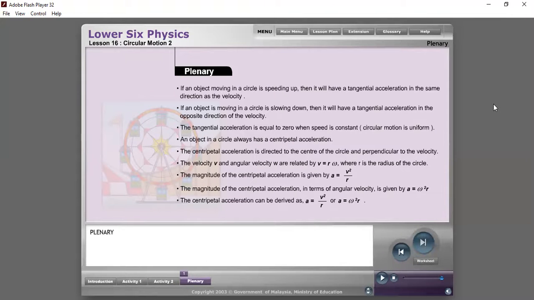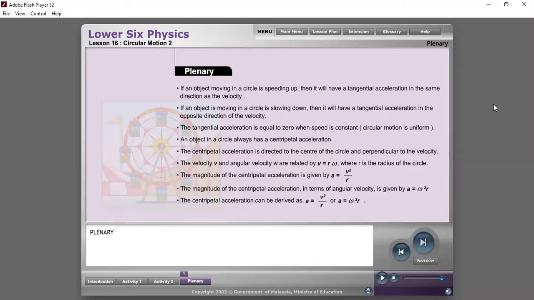So from here, if an object is moving in a circle and speeding up, then it will have a tangential acceleration in the same direction as the velocity. If an object is moving in a circle and slowing down, then it will have a tangential acceleration in the opposite direction of the velocity.